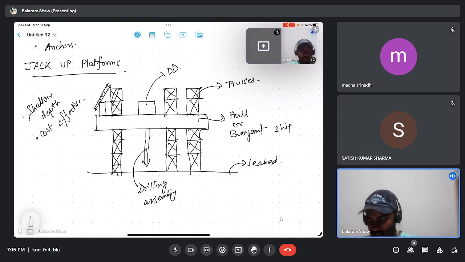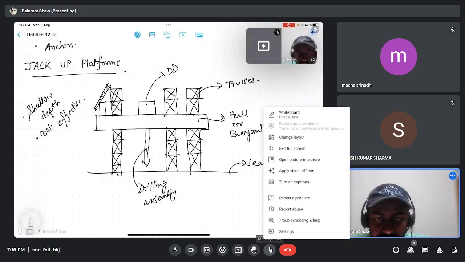So as we have seen, 3 or 4 kinds of support are necessary for this buoyant assembly. As we have seen in that, where is that?